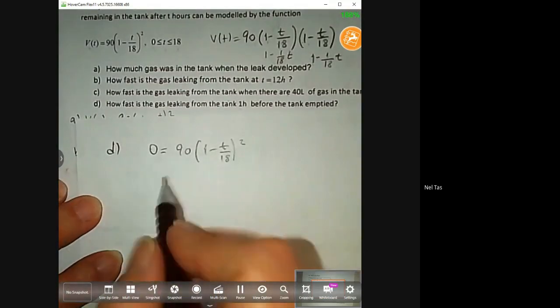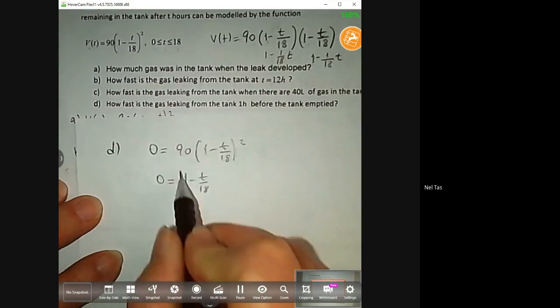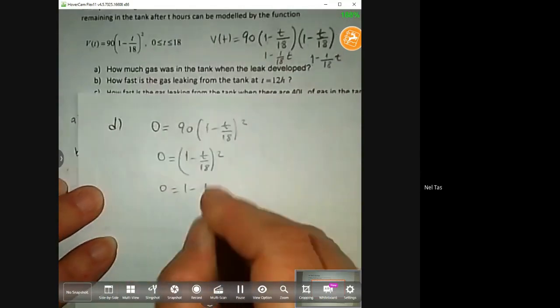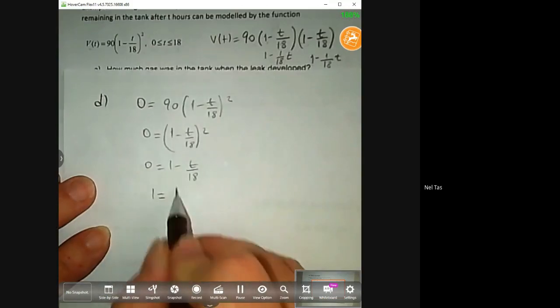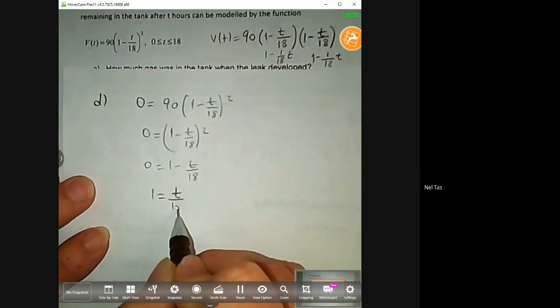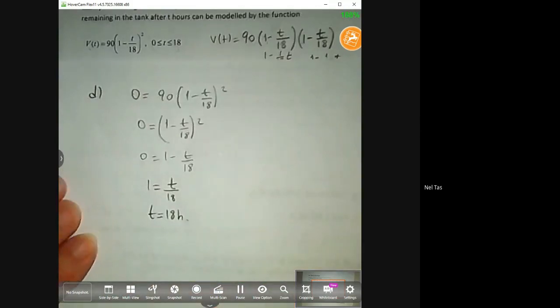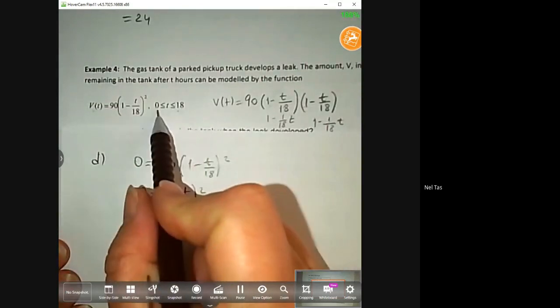Okay, so if you solve for this, you get 0 equals (1 minus t over 18) squared. Take the square root, 0 equals 1 minus t over 18, right? So you get 1 equals t over 18. So t equals 18 hours. Well, it was kind of saying it here too, right? The time is from 0 hours to 18 hours.